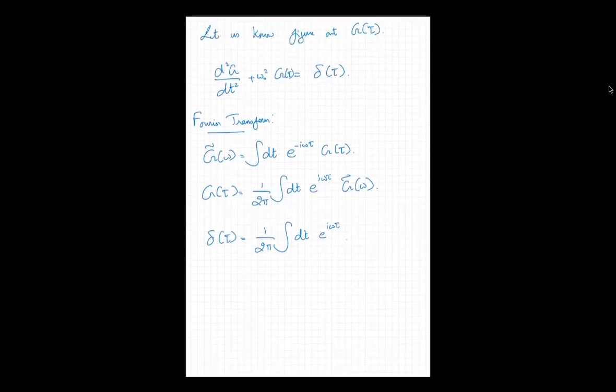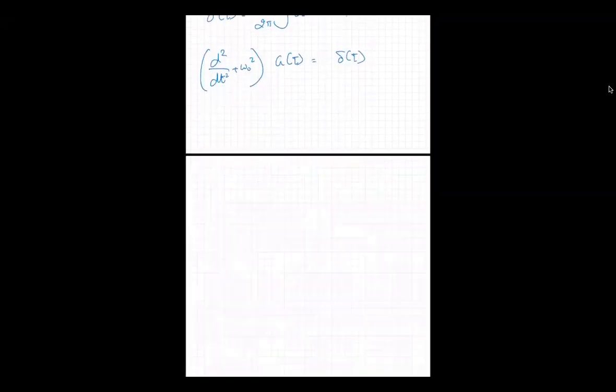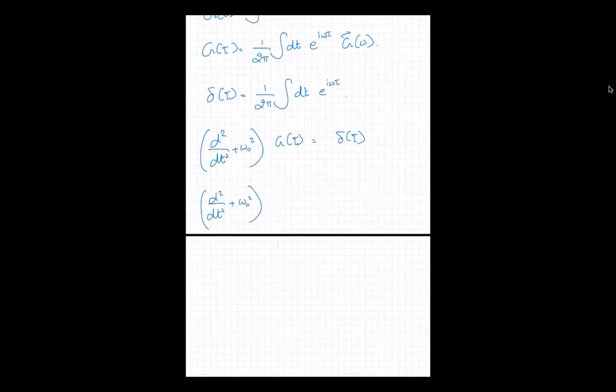So let us plug in the g and the delta in terms of their Fourier transforms. So on the left hand side, I have d square dt square plus omega 0 square acting on g of tau equals delta of tau, which can be written as d square dt square plus omega 0 square acting on 1 over 2 pi integral e to the i omega tau g tilde of omega.